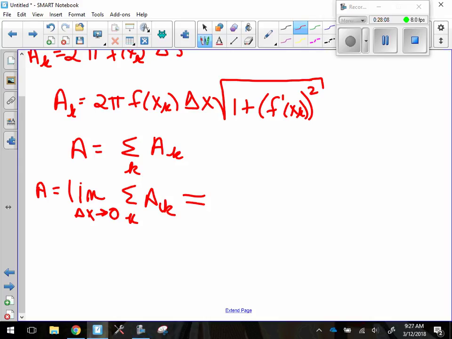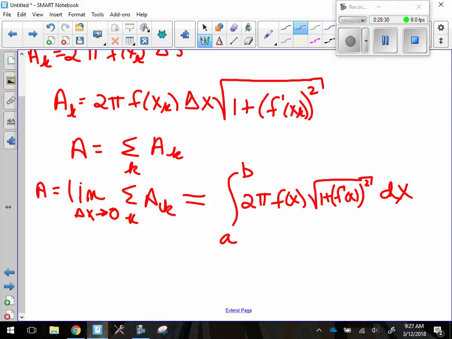When I make my strips so tiny that they're infinitesimally wide, what does my summation become? An integral. So this becomes an integral, again, from some a to b of 2 pi f of x square root of 1 plus f prime of x squared times dx. And that gives me surface area.